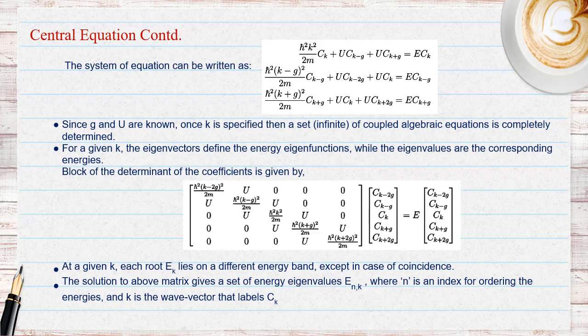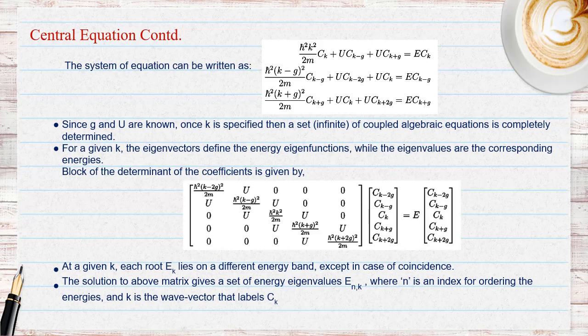Now the problem has been transformed from a differential operator, as in the wave equation, to a matrix operator eigenvalue problem. So for a given wave vector k, the eigenvectors define the energy eigenfunctions while the eigenvalues are the corresponding energies. Then a block determinant of the coefficients is given by these three equations.